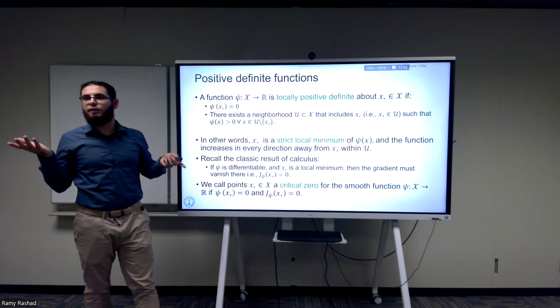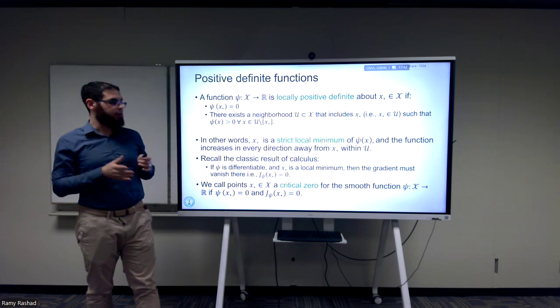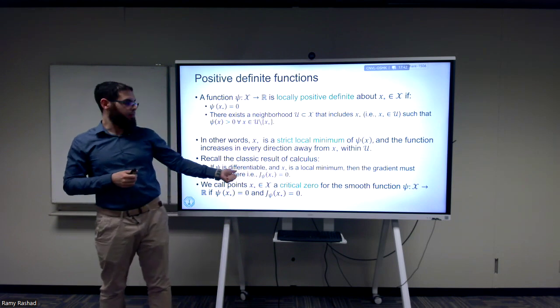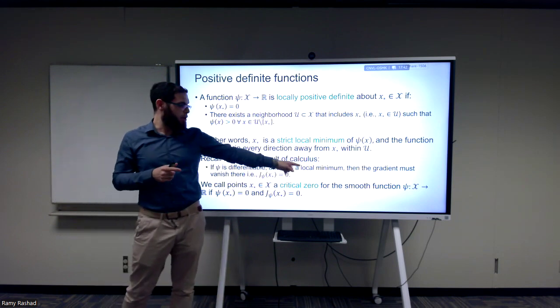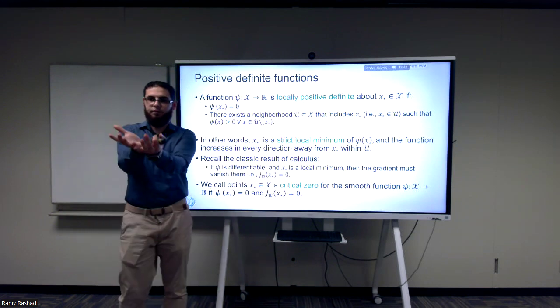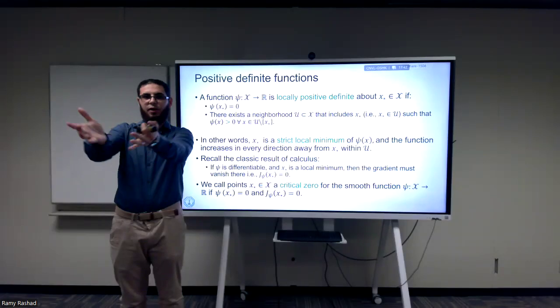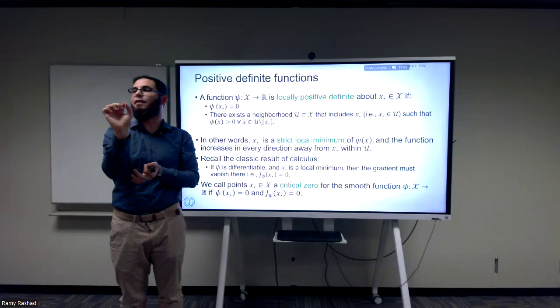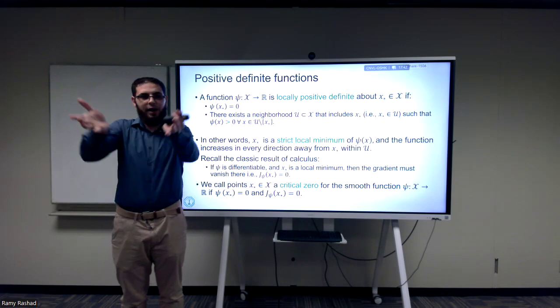There is a classical result of multivariable calculus, you might recall or not, that if psi is a differentiable function, and x star is a local minimum, then the gradient must vanish, right? Take the 1D example: if you have a paraboloid, and you say that at x star the function is equal to 0, and everywhere else it's increasing.